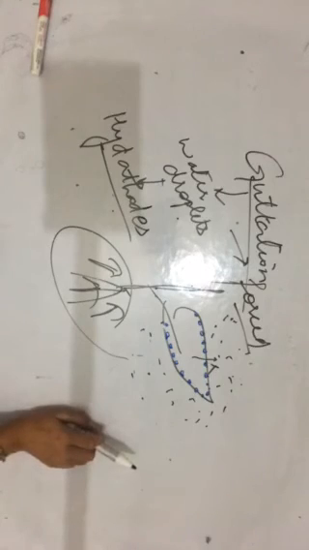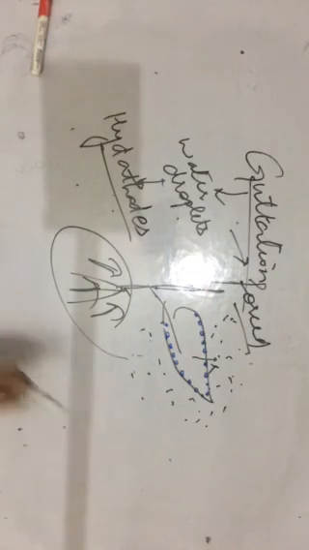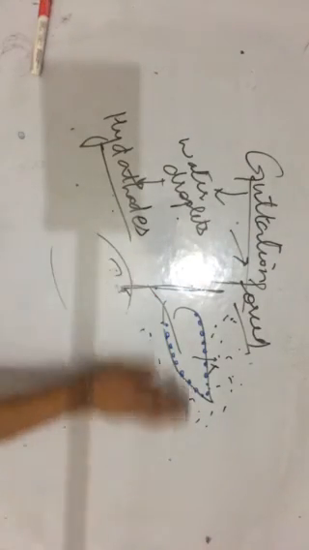Okay, if transpiration is not happening, the plant still has to send water outside, then it does it forcibly, and the process is known as guttation.